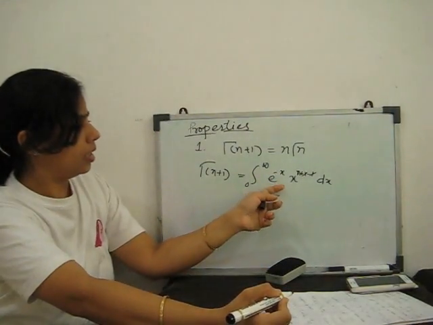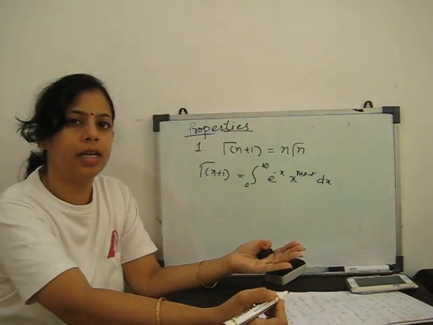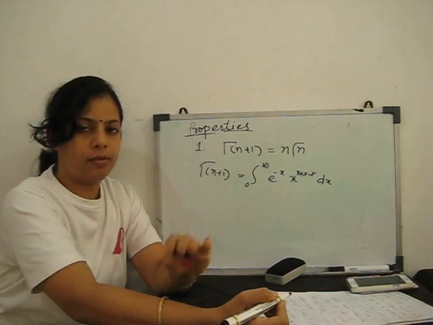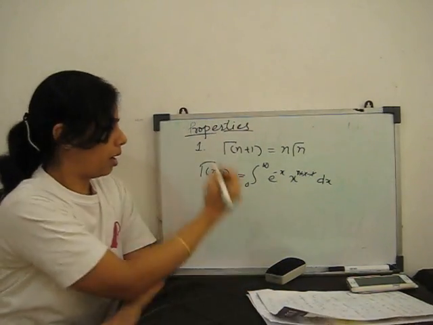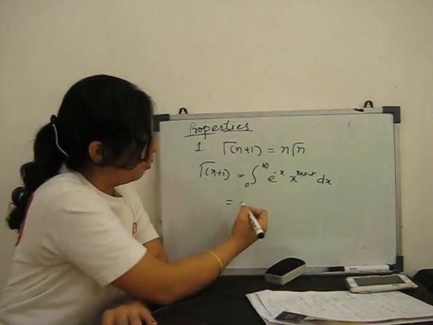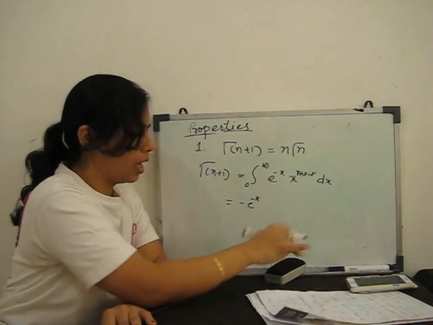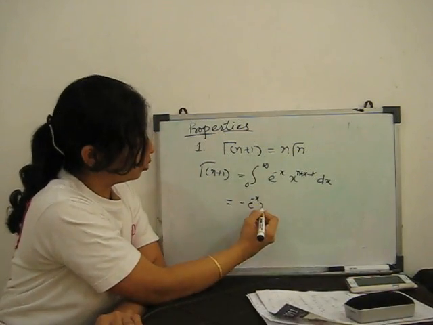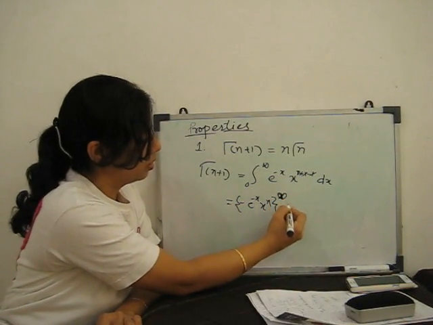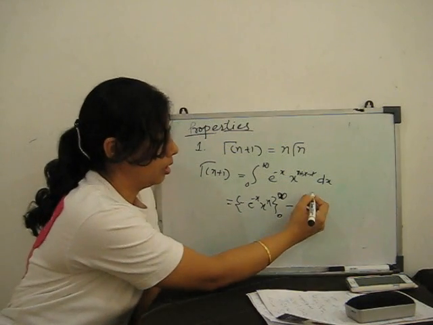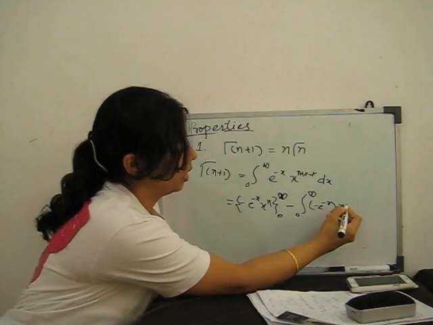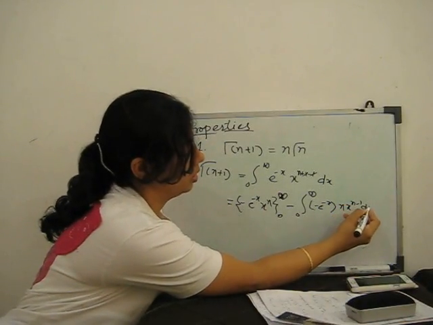Now we have to integrate this with the help of integration by parts, using the formula for the integral of u dv. The result is minus e to the power minus x, x to the power n, with limits from 0 to infinity, minus the integral from 0 to infinity of minus e to the power minus x times n x to the power n minus 1 dx.